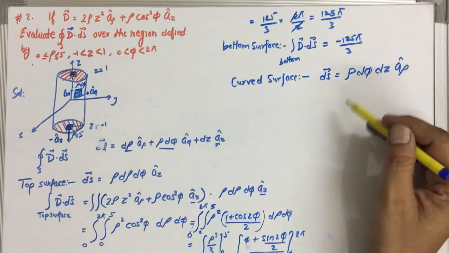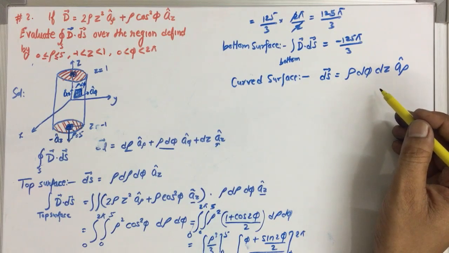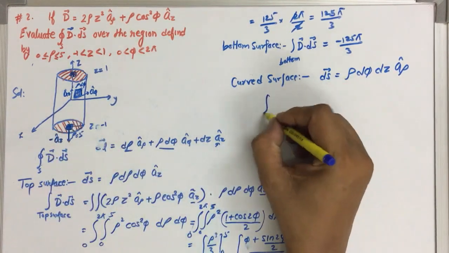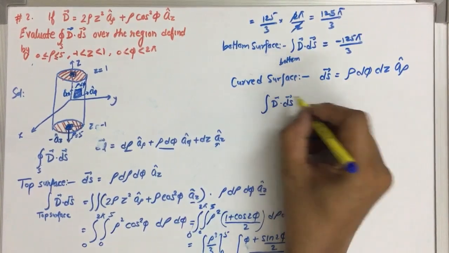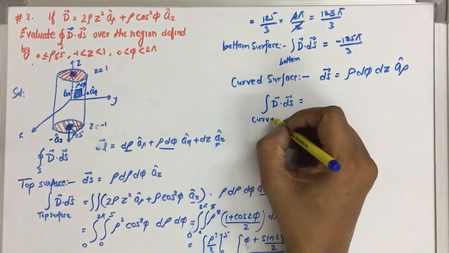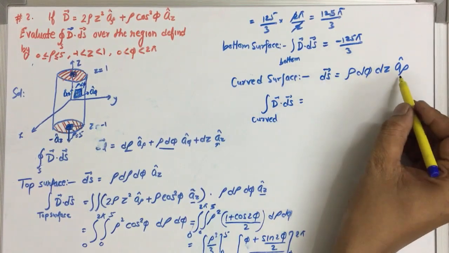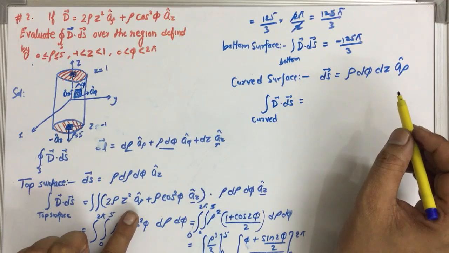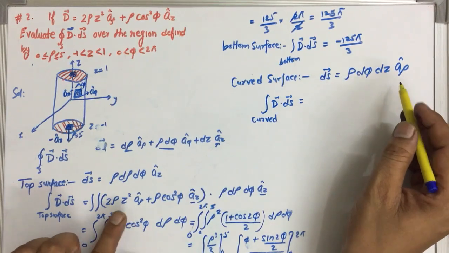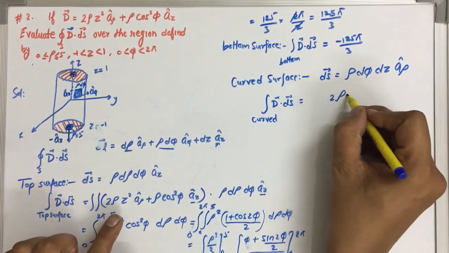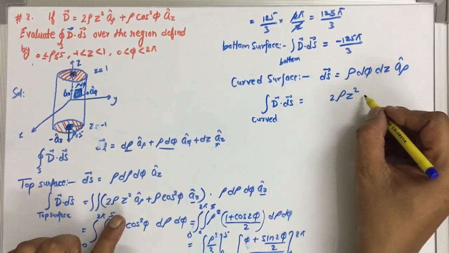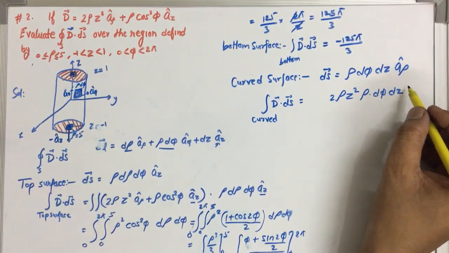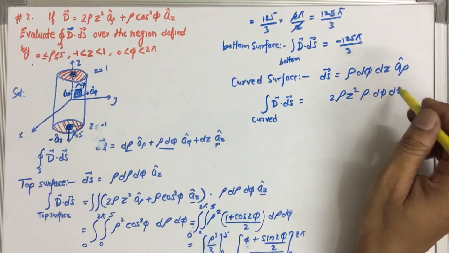Now do D dot dS for the curved surface. The dot product with rho will give you 1, and the remaining will be 0. So the dot product of this with this, the remaining things you will get is dz. Concentrate here.